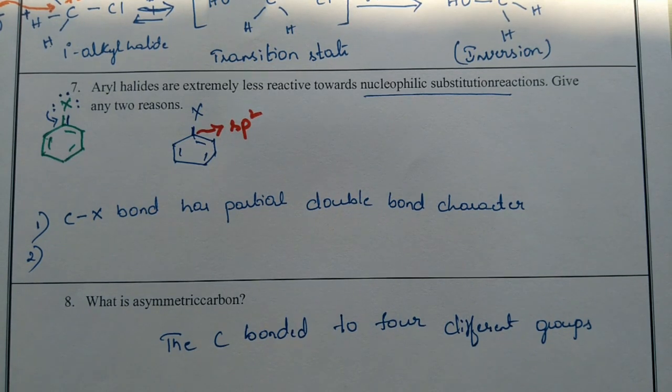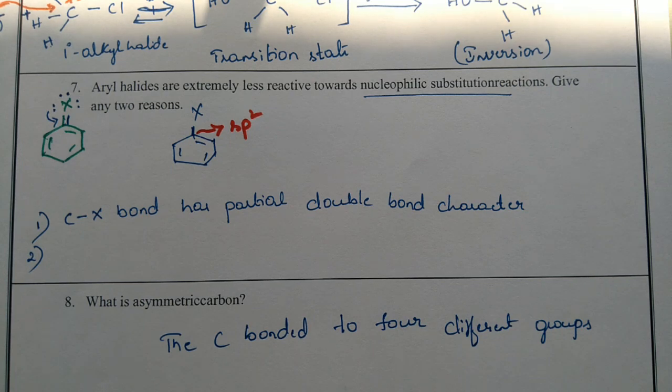The sp2 hybridized carbon is more electronegative when compared to the carbon in alkyl halide, which is sp3 hybridized and less electronegative. So the carbon involved in the C-X bond is sp2 hybridized, which is more electronegative in nature.